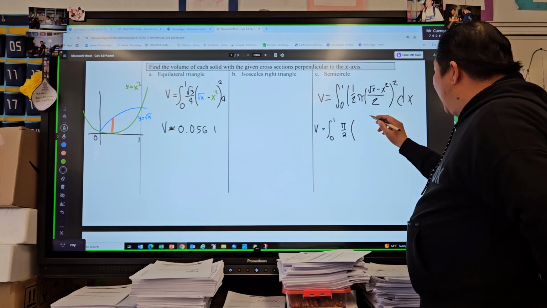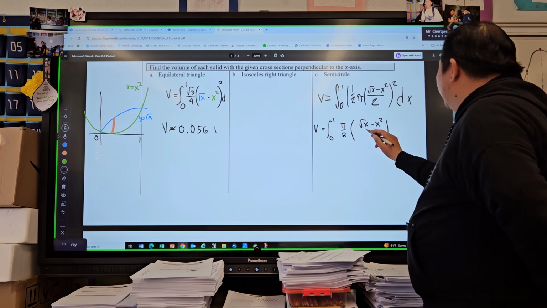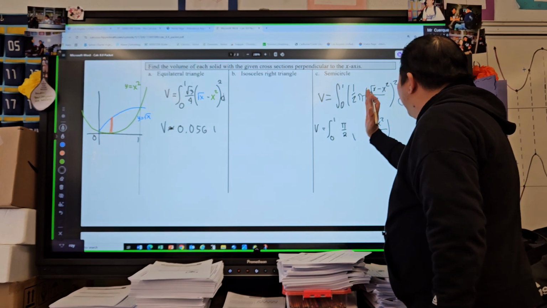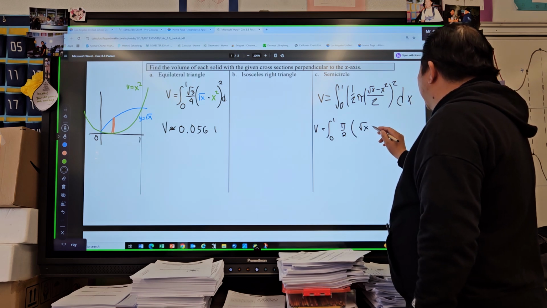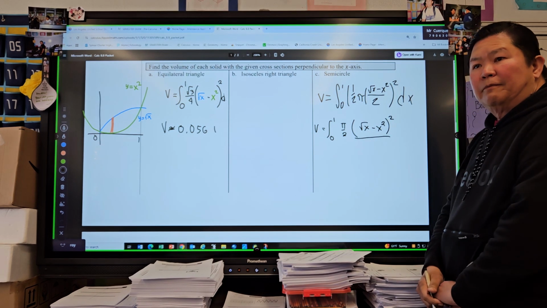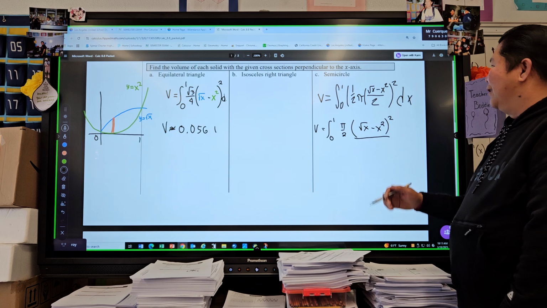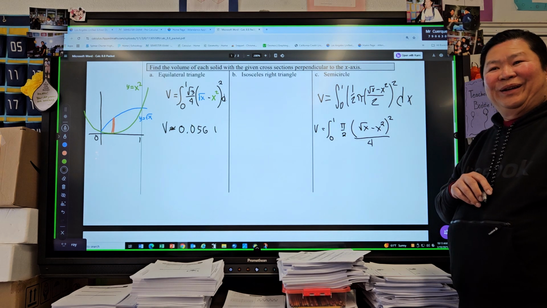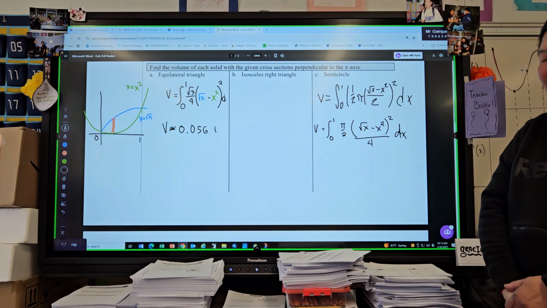So therefore, we're going to have square root of x minus x squared, and then square over 2, and then dx. Careful, you're squaring this, okay?